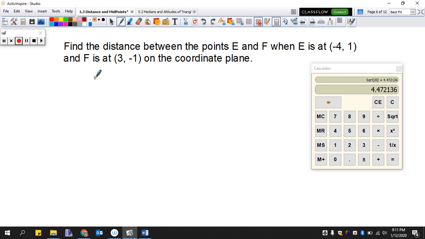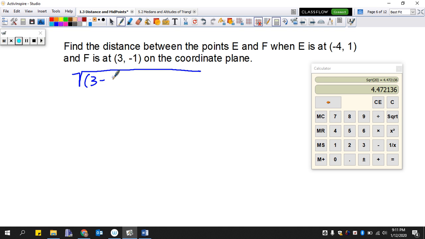Don't forget to square it. So that's the square root of 3 plus 4 is 7 squared plus negative 2 squared. This is a negative 2.